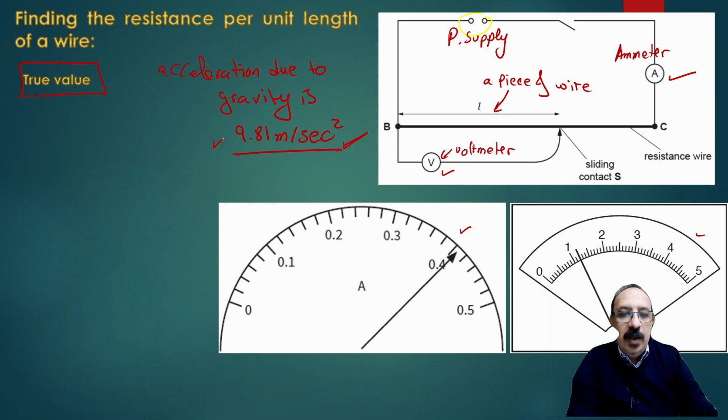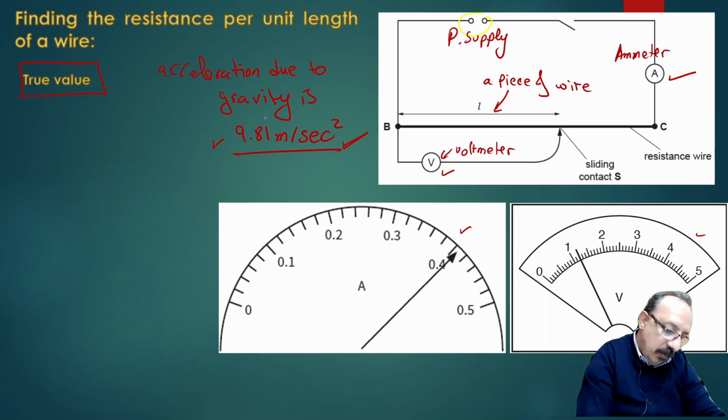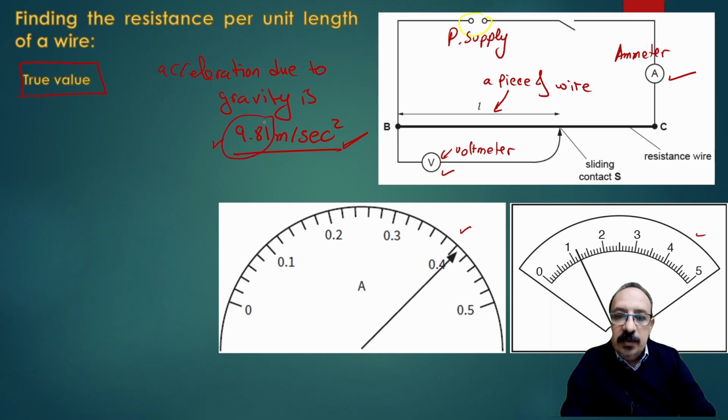So whenever you carry out any physical investigation, one good thing to know is the true value of the parameter that you would like to measure. You don't know it exactly, but you need to have an idea about the range of the value. Okay, this will always let you check if your setup or your measurement or your experiment is right or wrong. We all know that the acceleration due to gravity is 9.81 meter per second square.